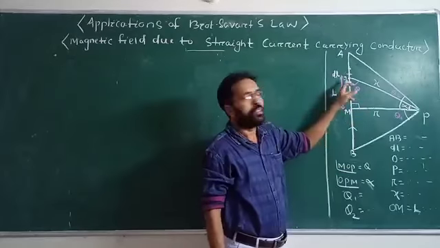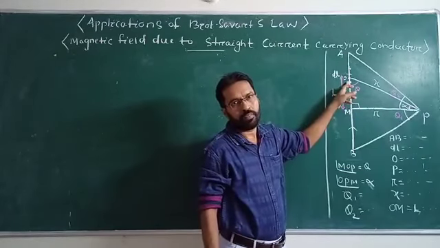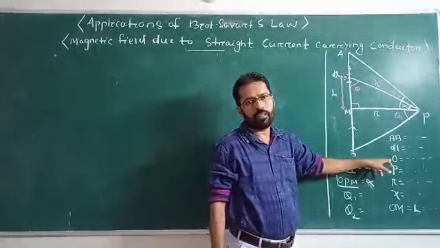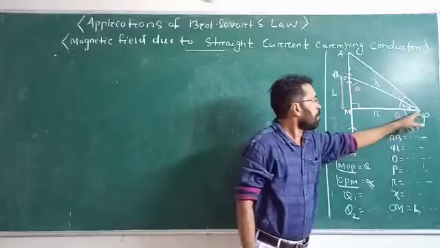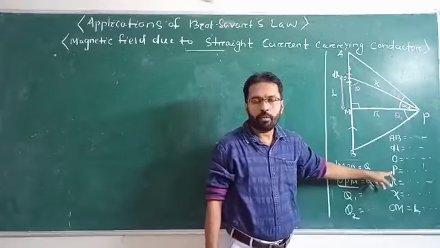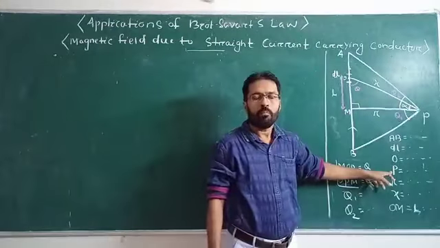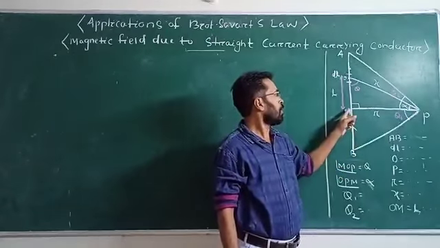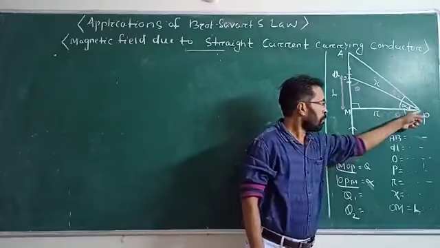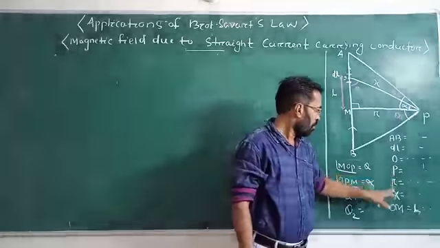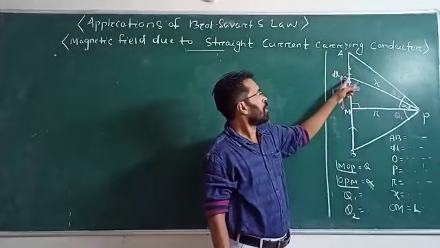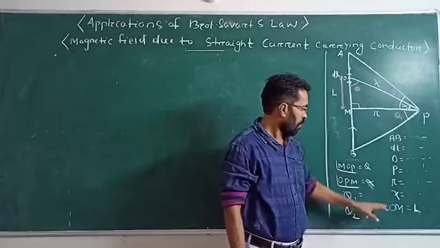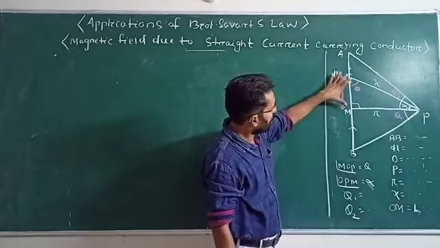DL, small section of it. O be the midpoint of the small section. P be the point where we intend to find out the magnetic field. R, perpendicular distance from point M to point P. X, distance from point O to point P. And OM is the length OM.